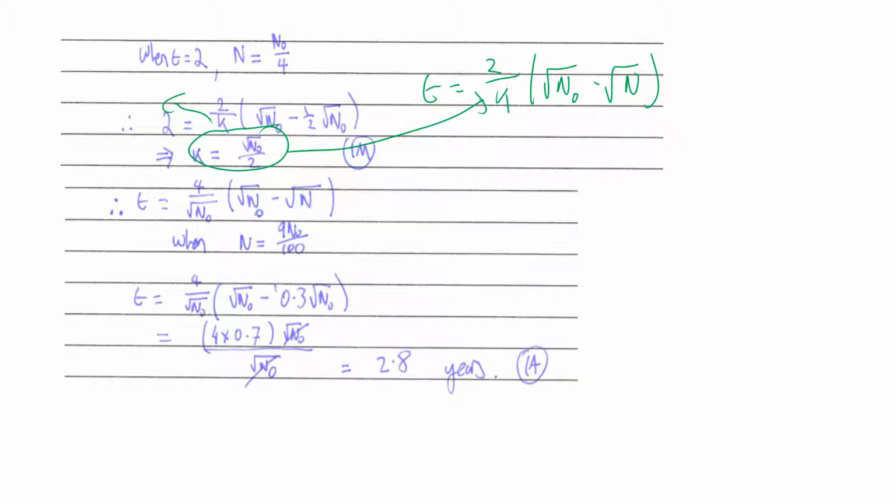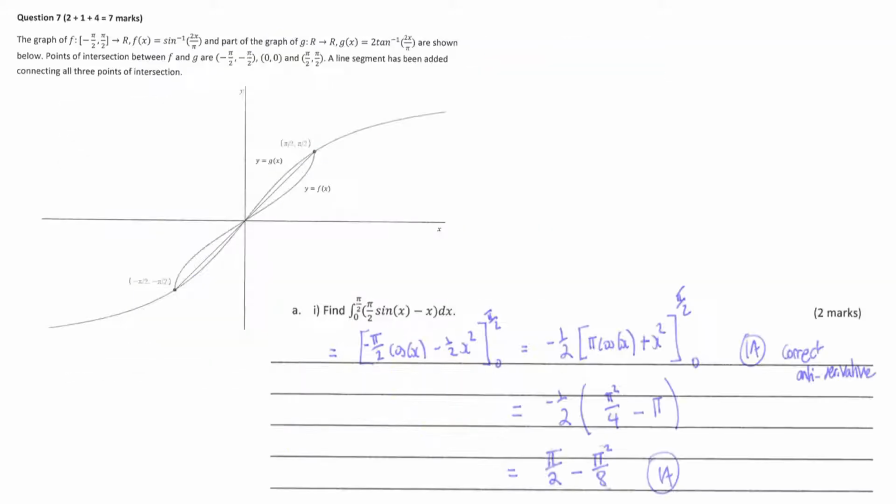We're very close to a final answer here. So the square root of n0 minus 0.3 of the square root of n0 is 0.7 of the square root of n0. Now the n0s will cancel, as I've shown, and you're left with 4 times 0.7, which is 2.8 years. Okay, neat. That was done okay.